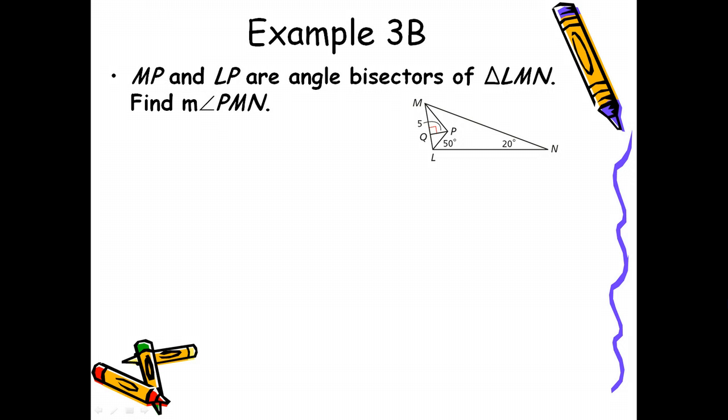Let's look at another one. MP and LP are angle bisectors of triangle LMN. Find the measure of PMN. So we want to know the measure of PMN. So this angle right here. First of all, PL is the bisector of MLN.